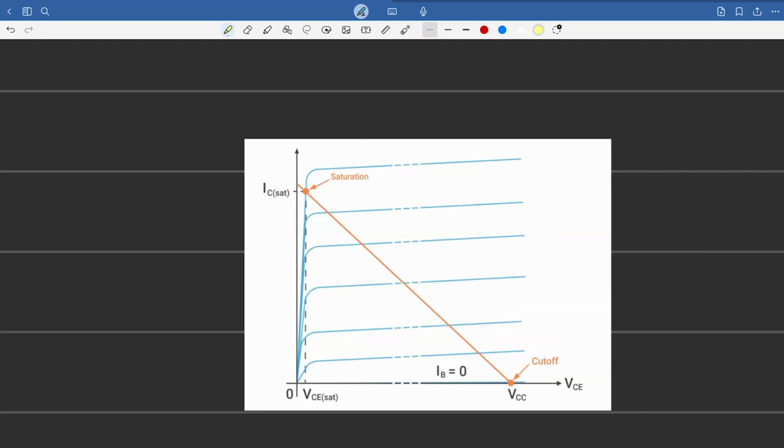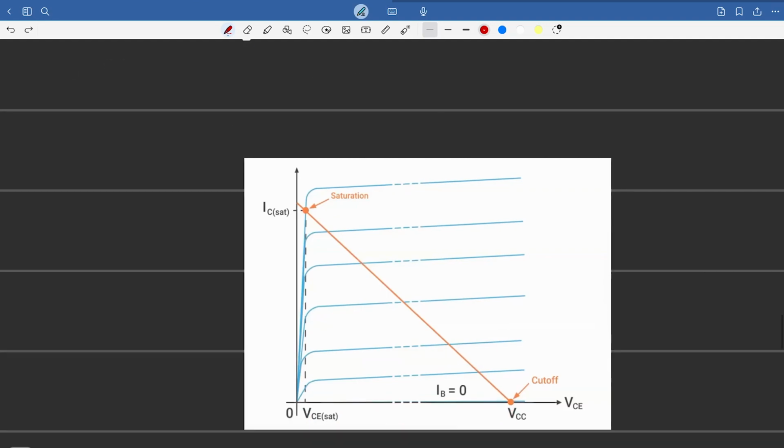But there comes a point where it saturates, which is fine, so that's why we use it in this region. The region from here to here, this whole region, is basically the active region. Let me remove this. Okay, now let's go back to the drawing.